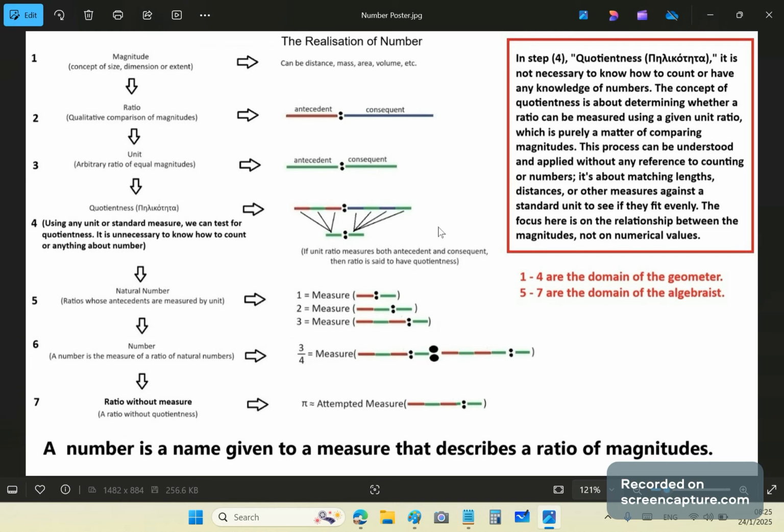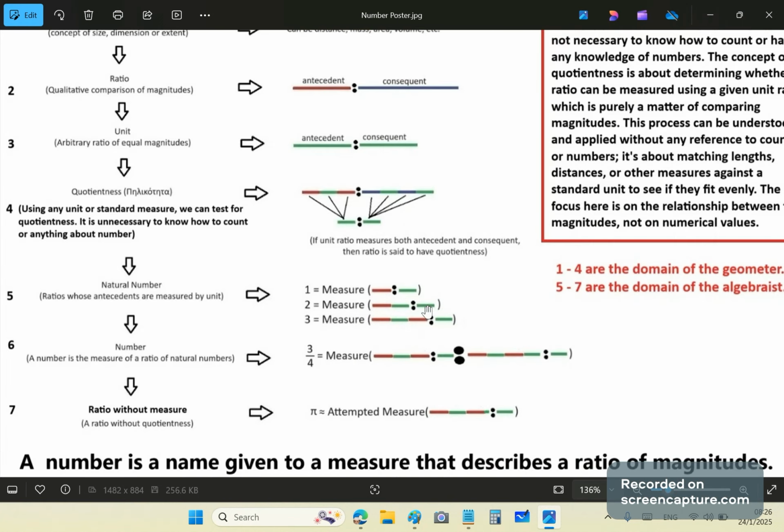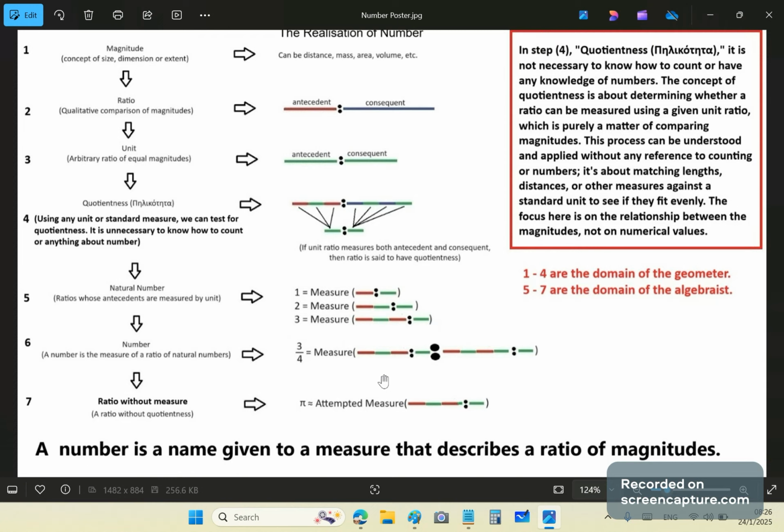We can define numbers out of these ratios. So for example, we can say that 1 is the measure of this ratio here. Okay, the measure of this ratio. 2 is the measure of that ratio, and so on. Okay. And then finally, we can get to fractions, which are ratios of ratios, or rather ratios of natural numbers.